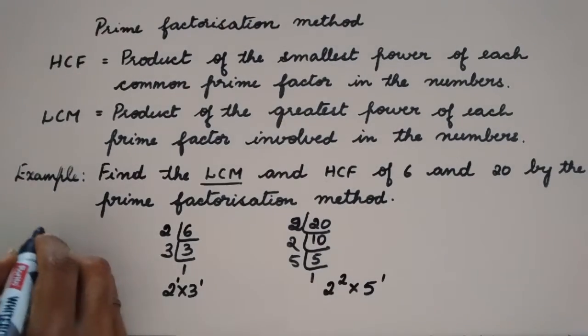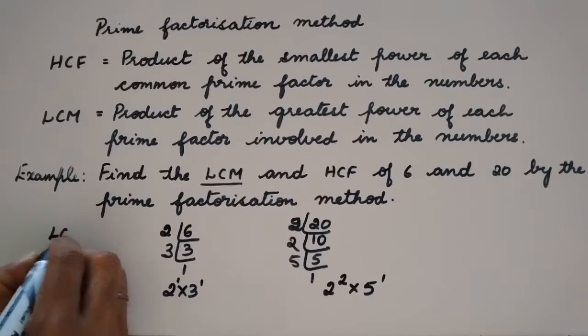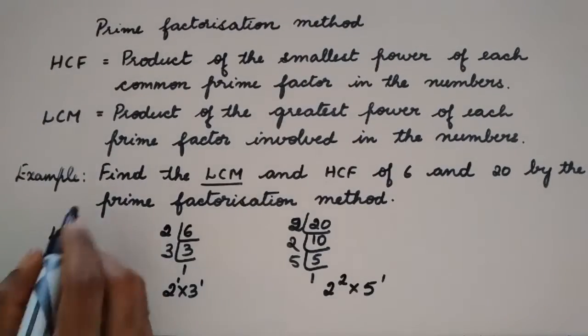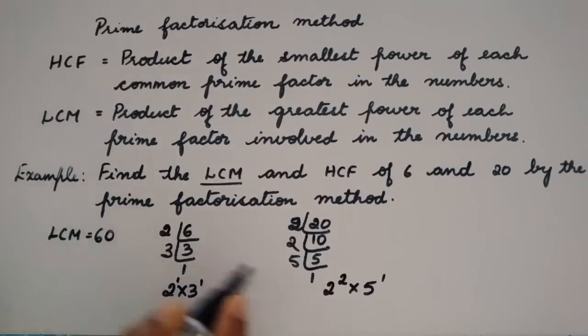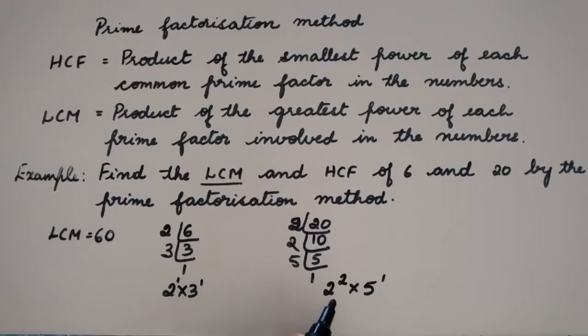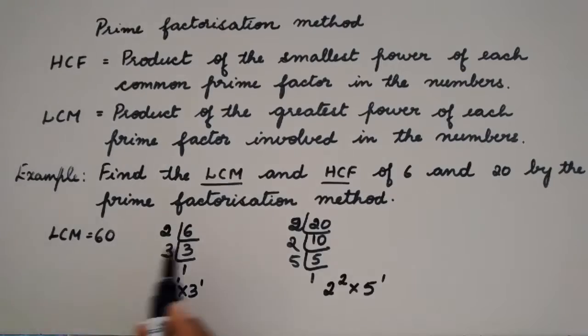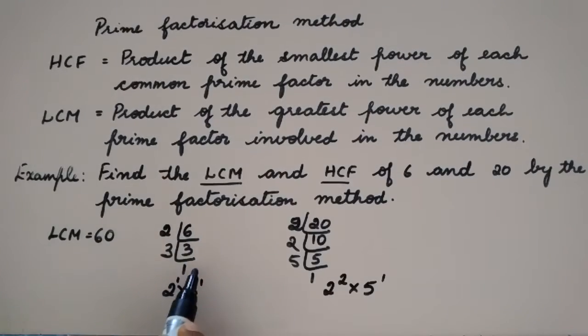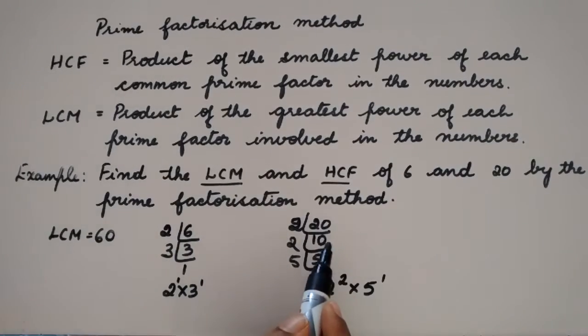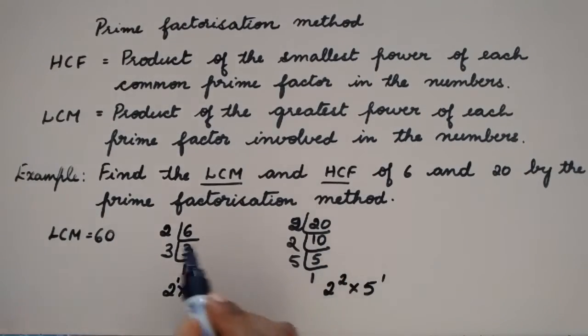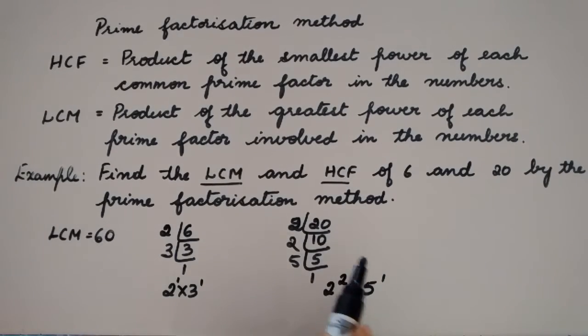We know that LCM of 6 and 20 is 60, isn't it? Now let us find the HCF. We have to factorize 6 and 20, and then write the prime factors of 6 and 20 as we did in the LCM.